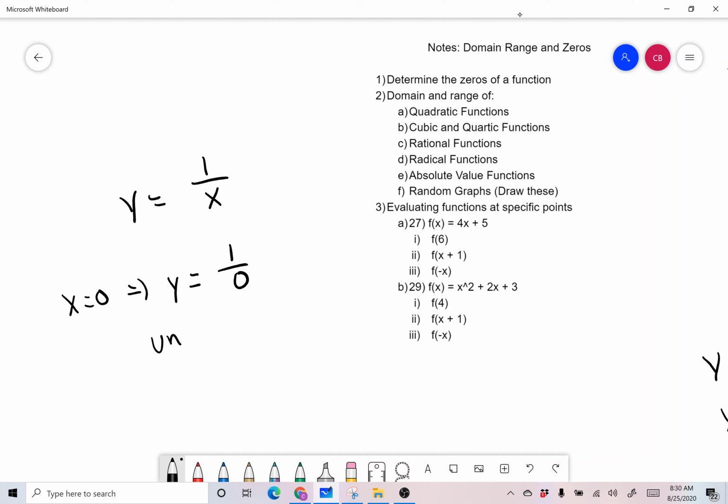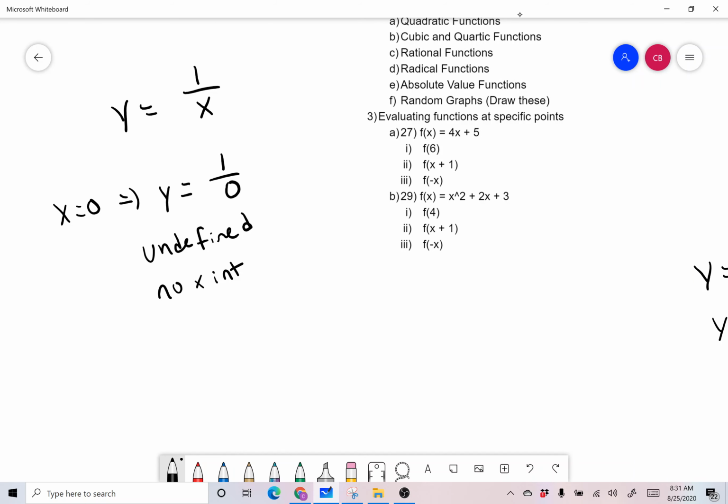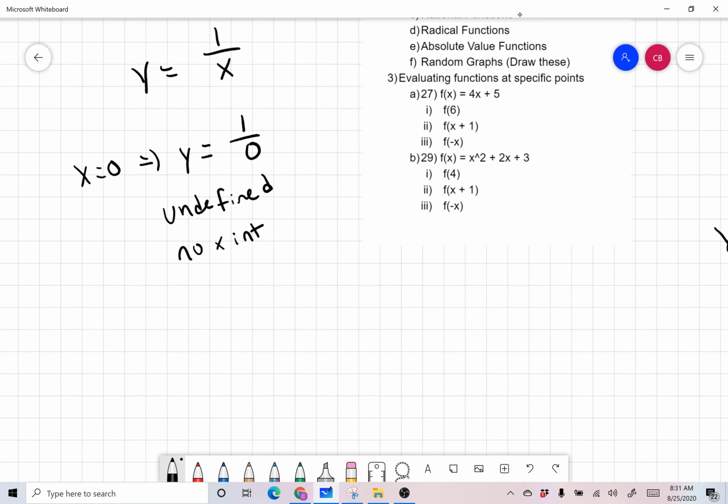This is undefined. Okay, so this is undefined, and therefore there is no x-intercept. Okay, so that's taken care of.